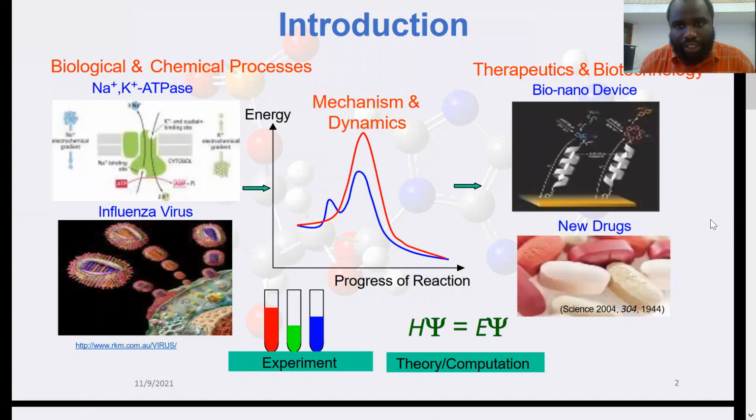So as a computational and theoretical chemist, I am dedicated to applying state-of-the-art computational techniques in understanding processes of nature at fundamental scales of matter.